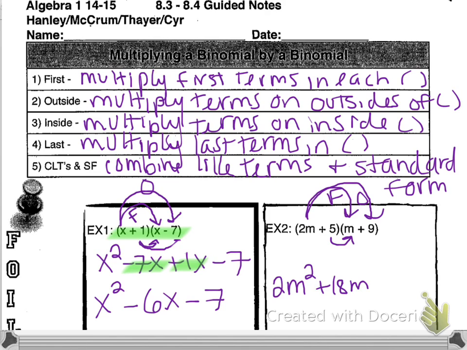Inner, or inside, is going to be 5 times m, or 5m. And last is going to be 5 times 9, or 45. Then again, combine like terms. So we get 2m squared plus 23m, 18 and 5 are my like terms, plus 45.